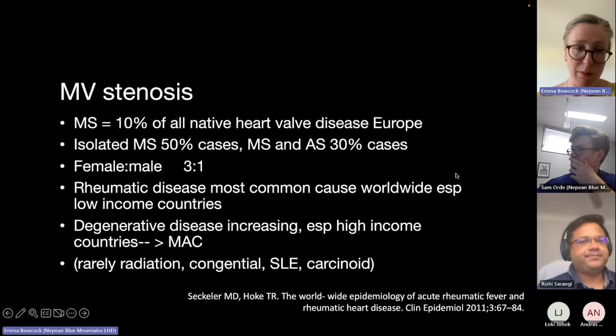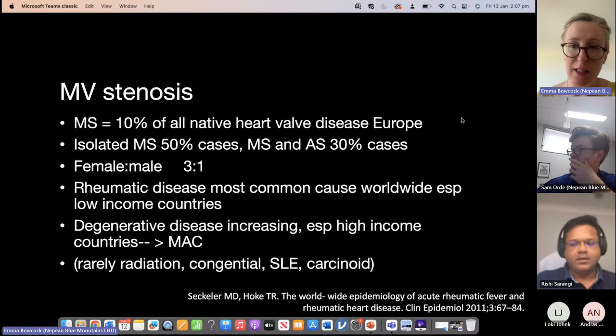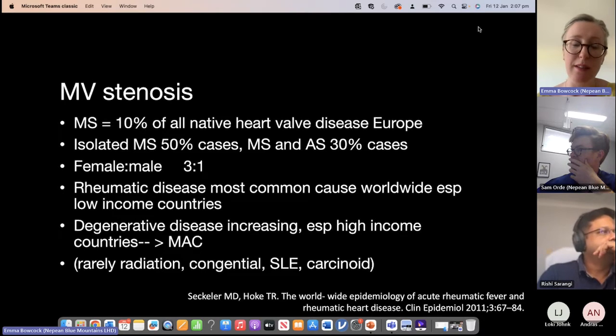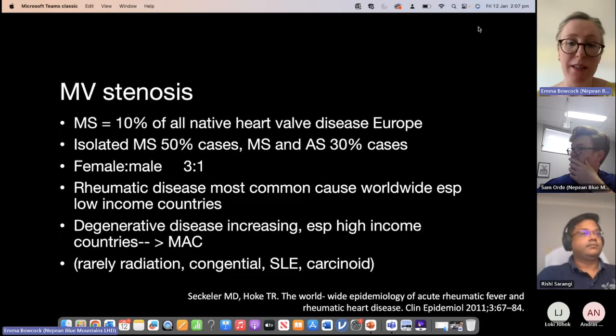So mitral valve stenosis is decreasing overall in its prevalence, but it is still a fairly common cause of native heart valve disease, with about a 10 to 12% prevalence. Usually it's isolated, but of course a significant amount will have concomitant mitral regurgitation as well, and maybe about a third of patients have combined MS and AS, and very rarely we see tricuspid valve involvement as well.